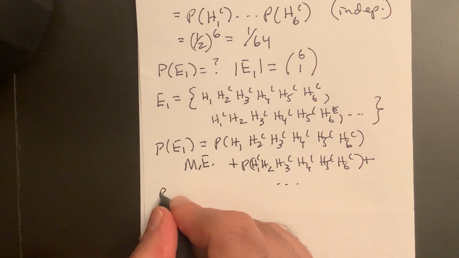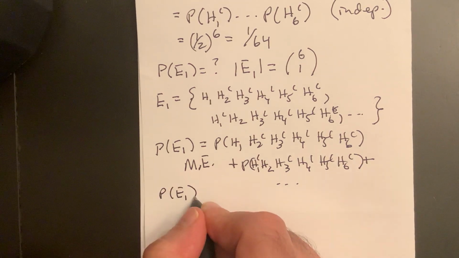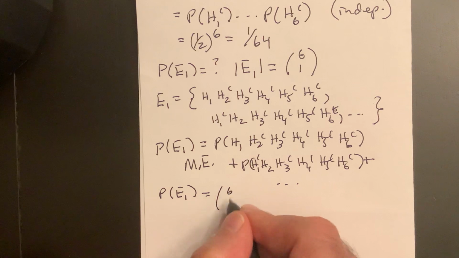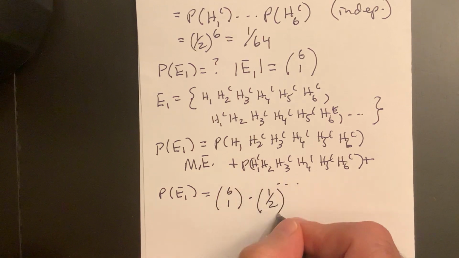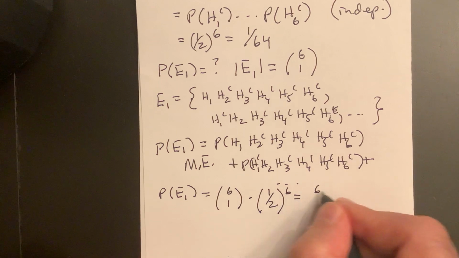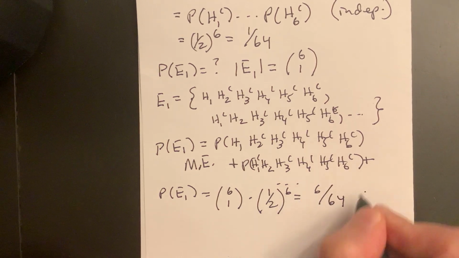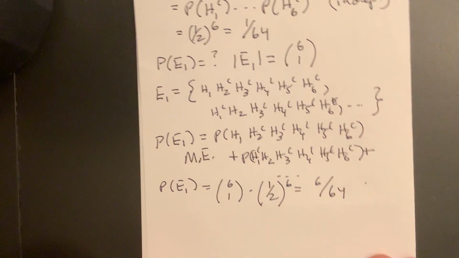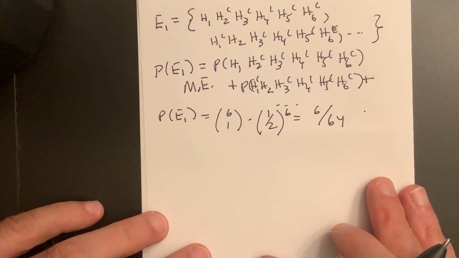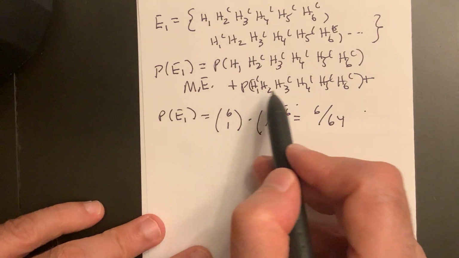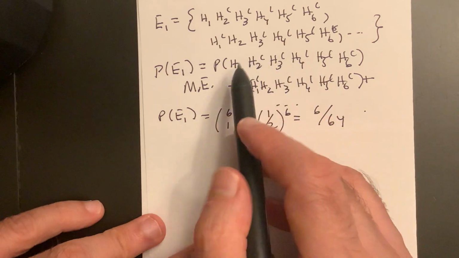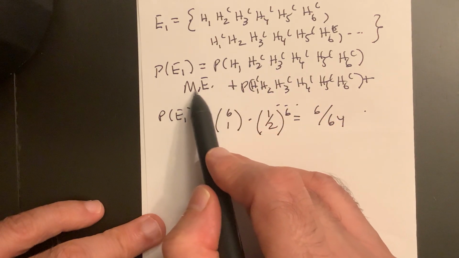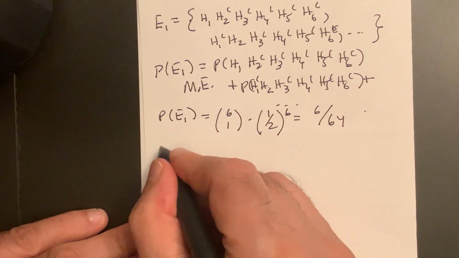So P of E1 is just equal to 6 choose 1 times the probability of each of these, 1/2 to the 6th. So this is 6/64. Okay, we can proceed now in this way. I'm using the independence to compute the individual probabilities, and then I'm using the mutual exclusivity to add them.